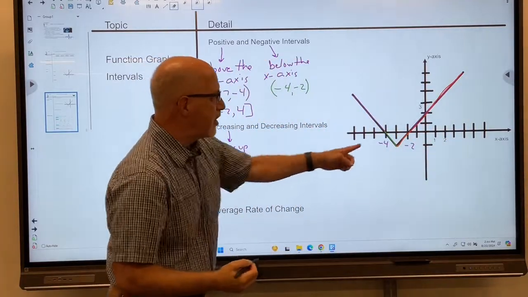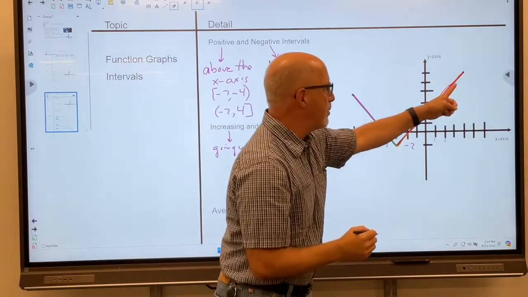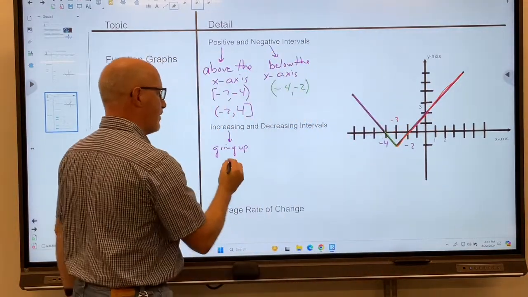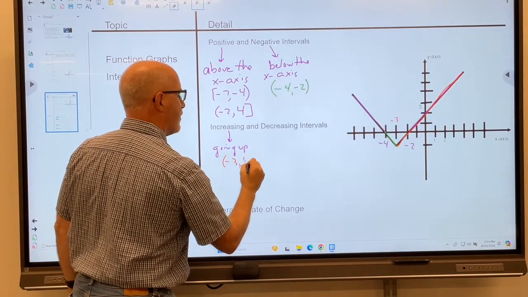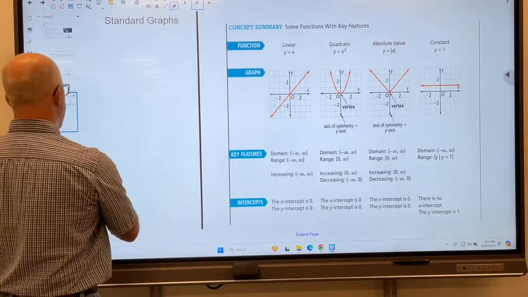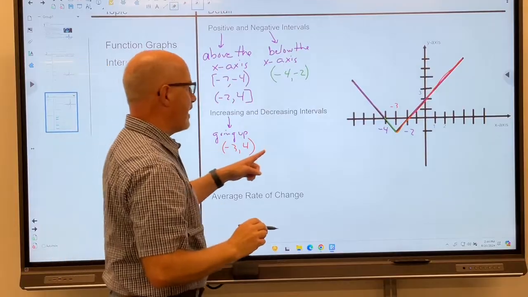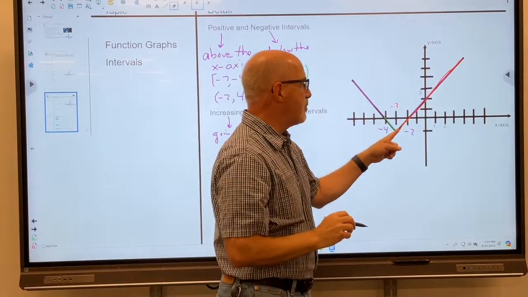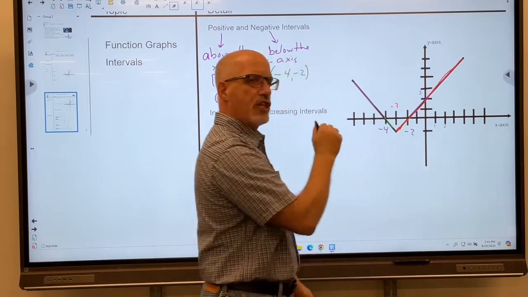So that starts here at an x value of -3, and it goes up till we get to the end where x is equal to 4. So from -3 to 4 is an x value. Notice with -3 to 4, it doesn't include those two because at this point it's not going up or down, it's just changing direction.